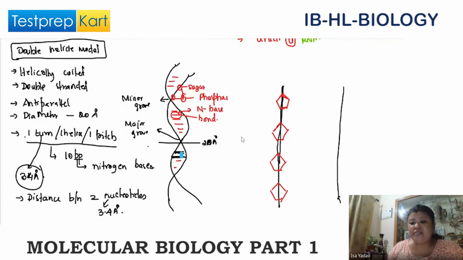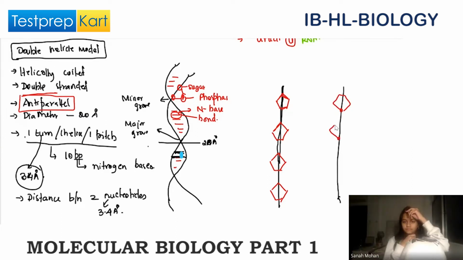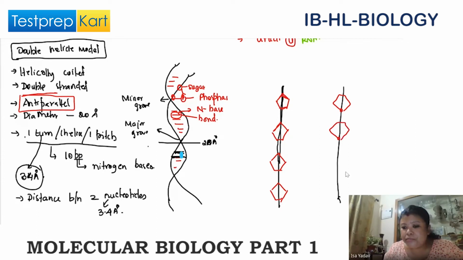Now see this very nicely, because it's anti-parallel, it's running in opposite direction. So we have to draw this sugar also in the opposite way. See, this is how you draw. Clear? So we have two strands.